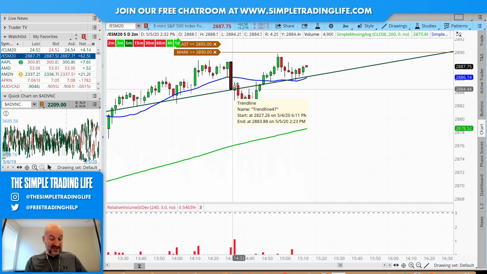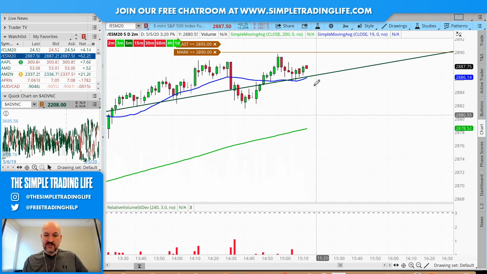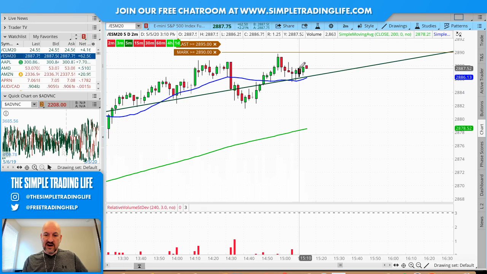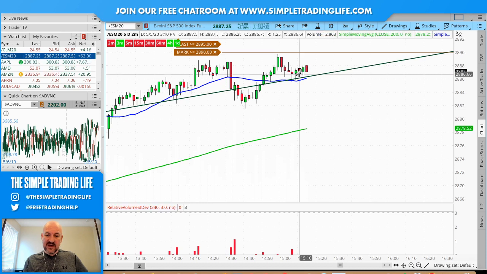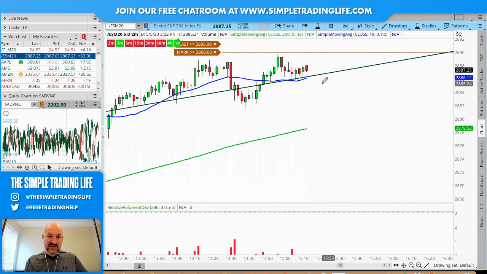Again, we're only on a 2-minute chart. So if you get into a trade right here, and these are the kind of candles that you get, and they just slowly work their way up, you're not going to make any money trading options. If you're trading equities, you might, but then you're also waiting. But if you just get this kind of action, you're just not going to make any money.